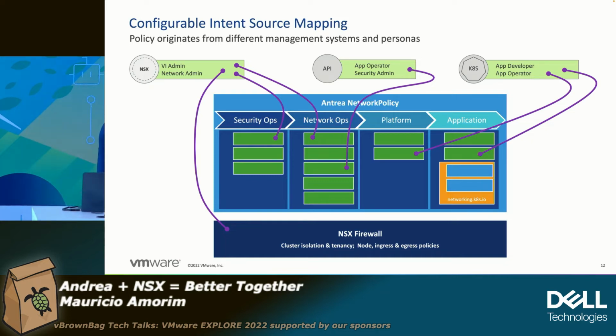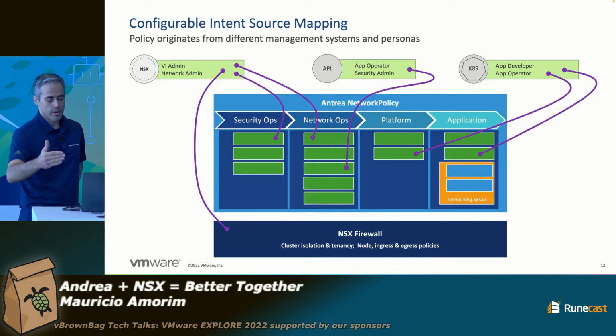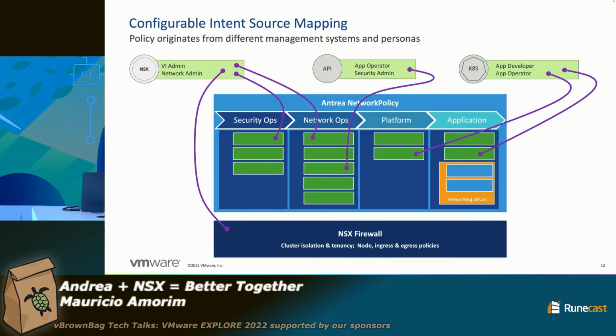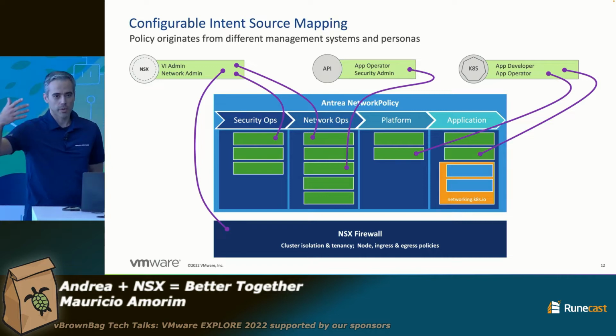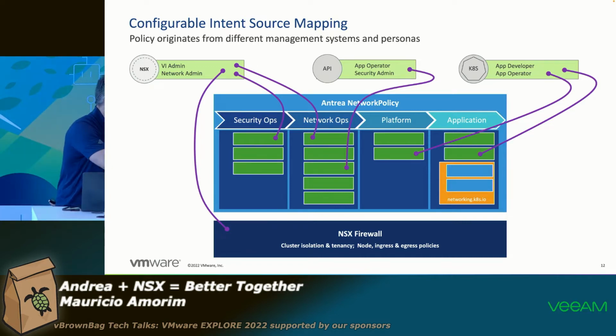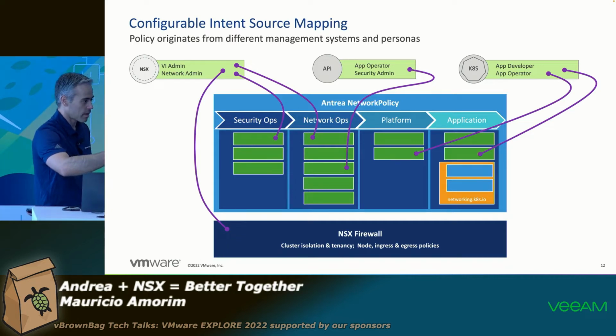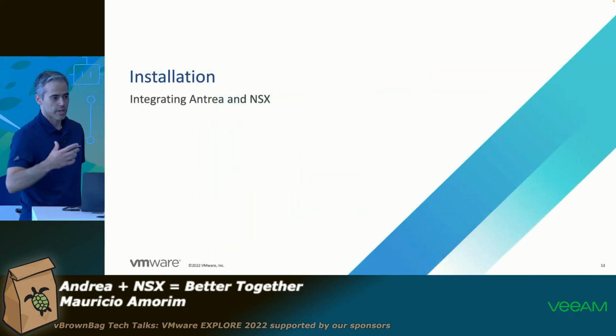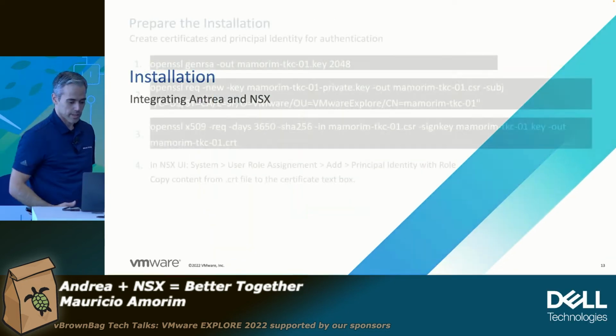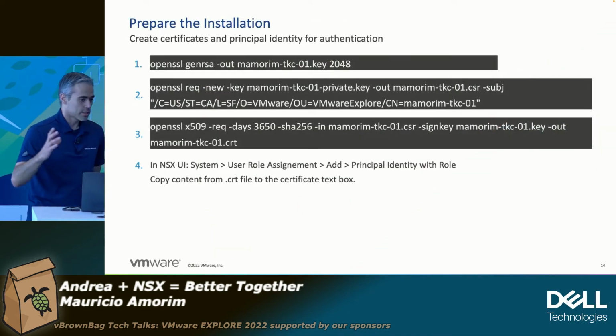You can have the app developer administering how the app flows, the security policies inside the app, but you can have a security admin managing other policies. And Antrea enables you to have these different types of policy all managed under a single pane of glass, all under the NSX. So this is our view.